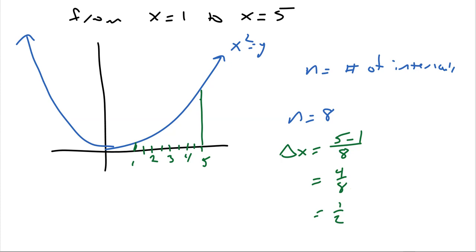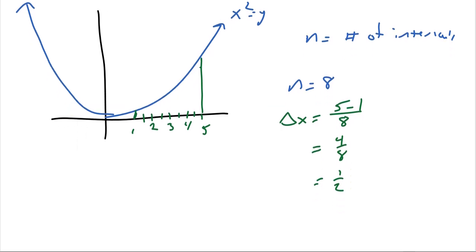Okay. Now, the other thing that we have to do is decide how tall our rectangle is going to be. And we have different methods of doing this. In the end, you just have to pick what's called a sample point. Now, that sample point in all of the formulas has a little asterisk beside it. So it's going to be x star, and it might have x1 or x2 or whatever it is for the first interval, second interval.